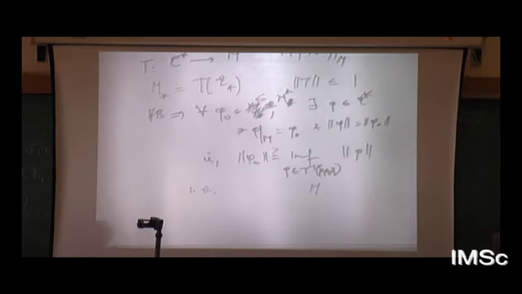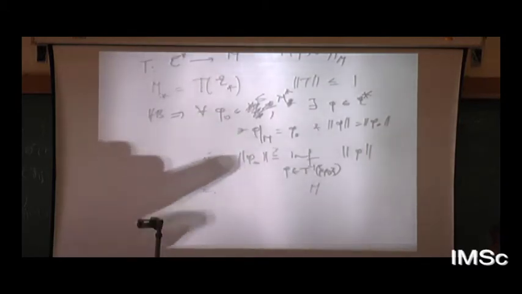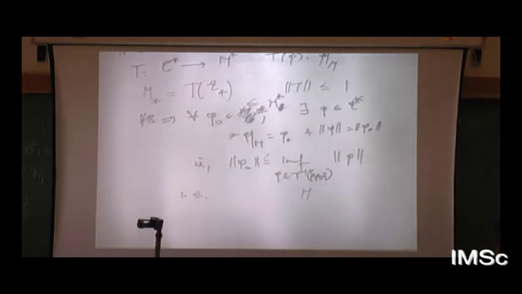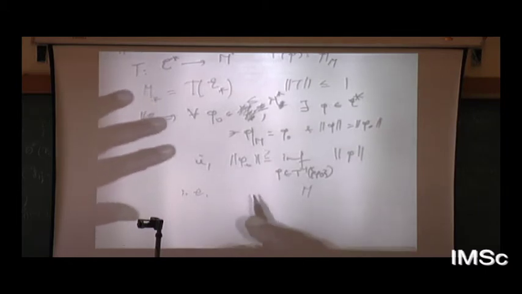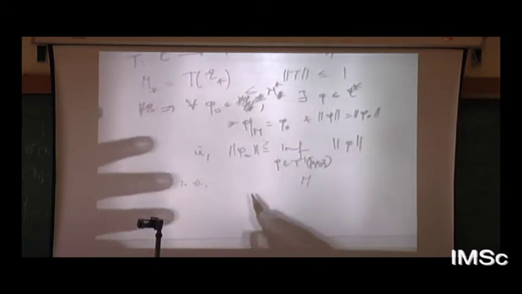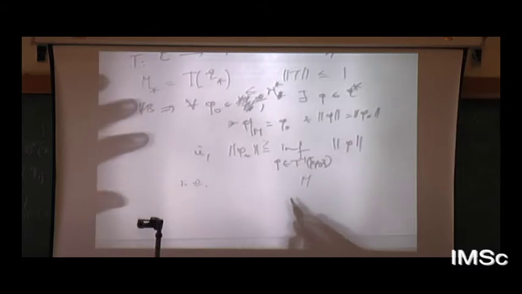Take a phi naught in M upper star, and then one straight away has that you can extend that. So the Hahn-Banach theorem, I'm using only the normed space version, not the topological locally convex version.